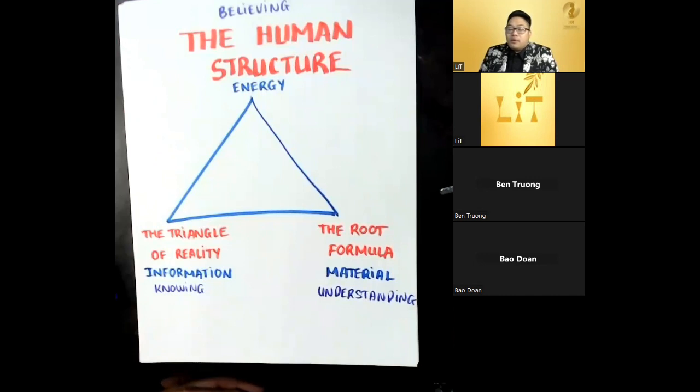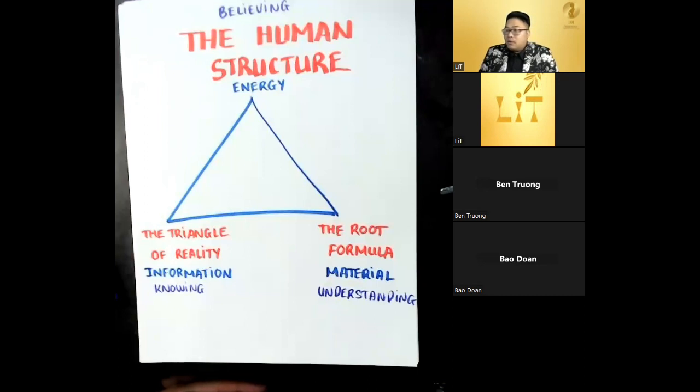So this is to tell you the importance of the human structure, and arguably, I would say it is the most important semantic reference system to understand if we want to be successful with people.